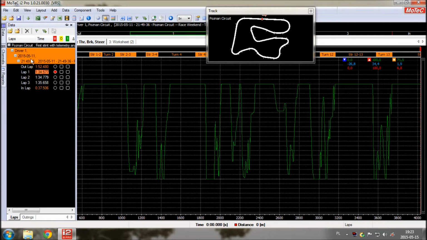Okay, and one more thing, you can see that he did only 3 lap times with outlap and inlap, overall 5 laps, and he did his best lap on the first lap.